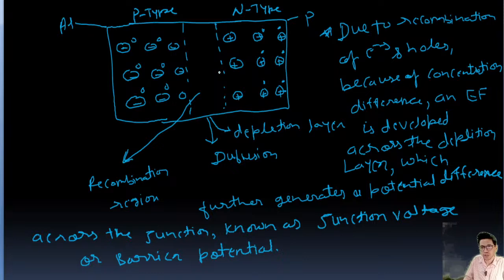That voltage is known as junction voltage, or barrier potential. So potential will get developed across this depletion layer, and that is known as barrier potential or junction voltage.